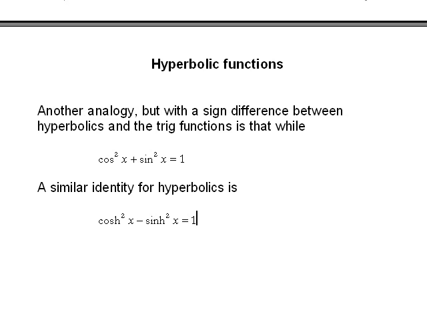There's another analogy, and that is between this fundamental identity for the trig functions. We know that cosine squared plus sine squared is equal to 1. But when you get to the hyperbolics, you need a negative sign. So here we go. Cosh squared minus sinh squared is equal to 1.